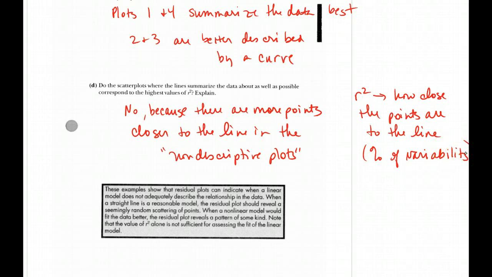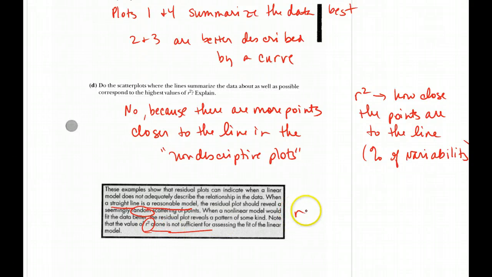All right, these examples show the residual plots can indicate when a linear model does not adequately describe the relationship in the data. When a straight line is a reasonable model, the residual plot should reveal a random pattern. When a nonlinear model is better, then the residual plot reveals a different kind of pattern. Note, value of R squared alone is not sufficient.